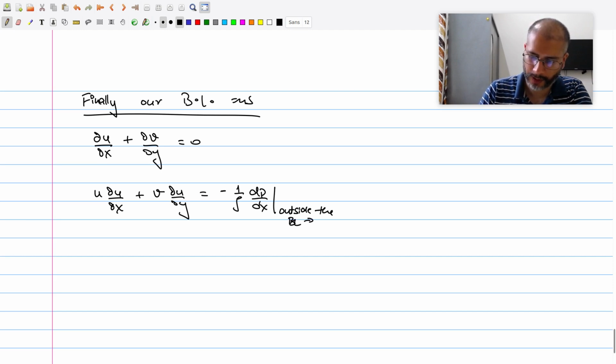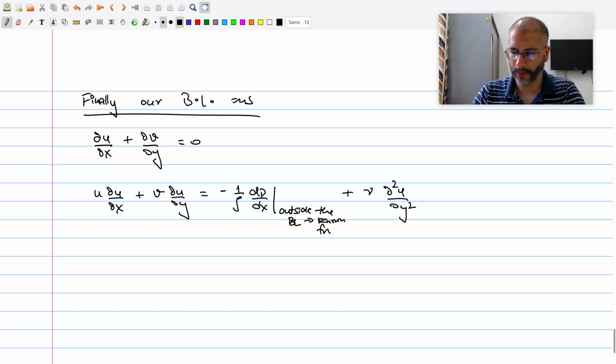Okay, so that means it is a known function, we won't solve for P, and then we have only the y direction second order gradient for the viscosity term.